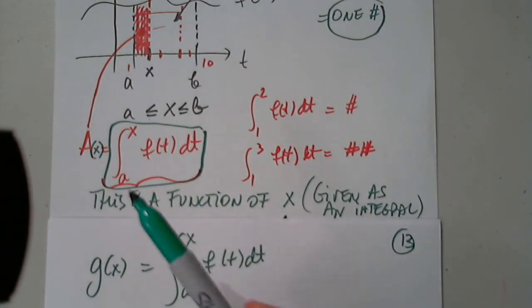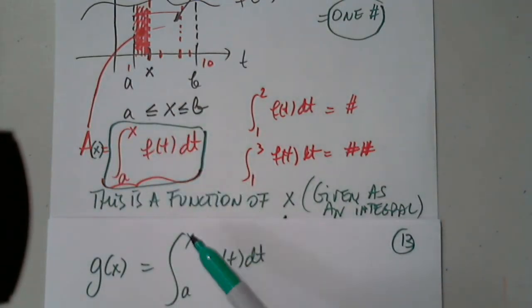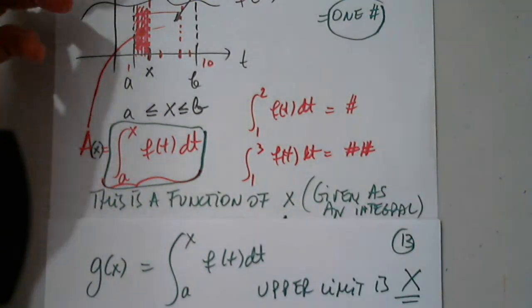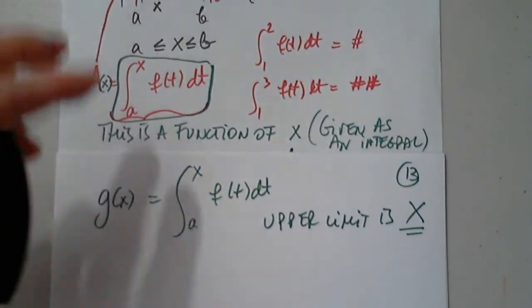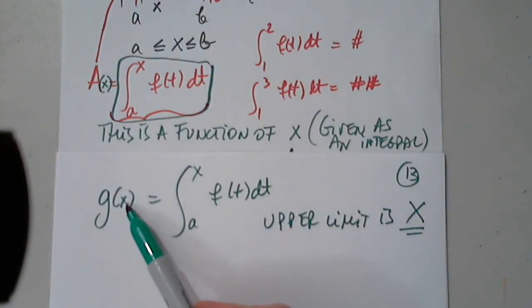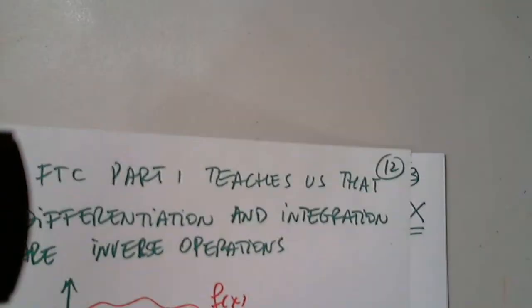By saying that x is a number between a and b, and replacing the upper limit with x. When the upper limit is x, this becomes a function of x. Okay, so now where are you going with this?